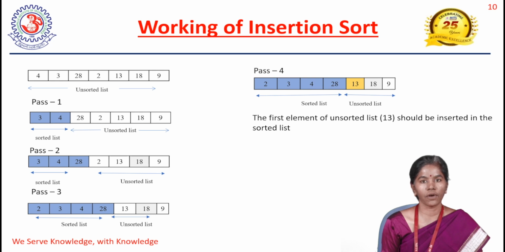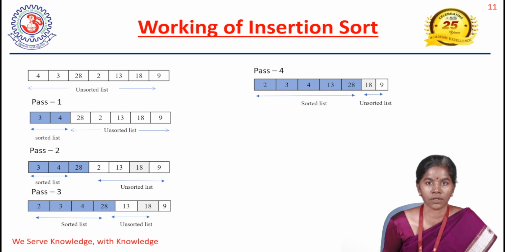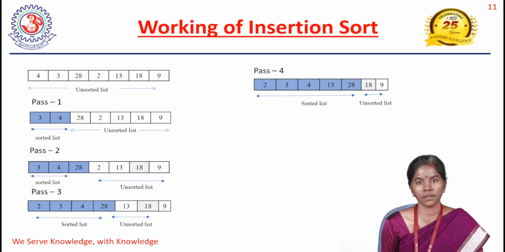So we go with the fourth pass. 2, 3, 4, 28 is the sorted list. We have to insert 13 into the sorted list, which is the first element of the unsorted list. So the first 5 elements are sorted, and the remaining 2 elements are unsorted. Now the first element of the unsorted list is 18. 18 has to be inserted into the sorted list. Like that we go through several passes.